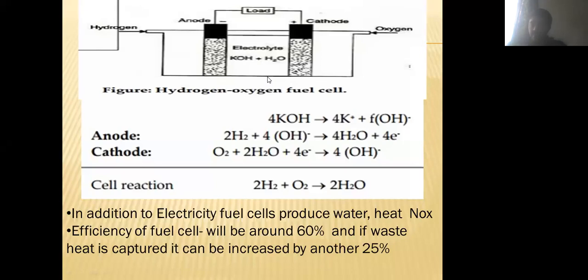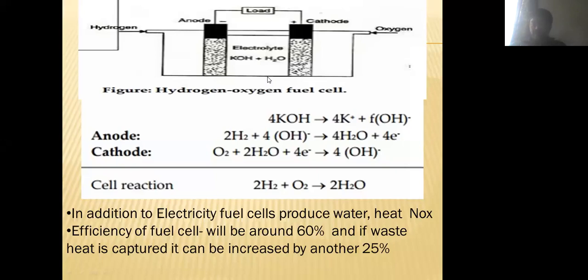When we consider this, four electrons are going to come out, and these four electrons are going to move from this part through the external circuit.